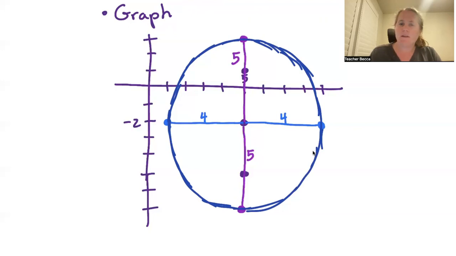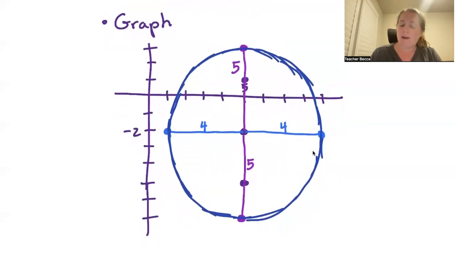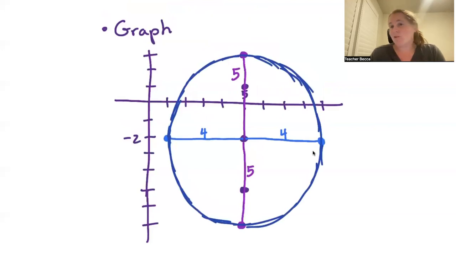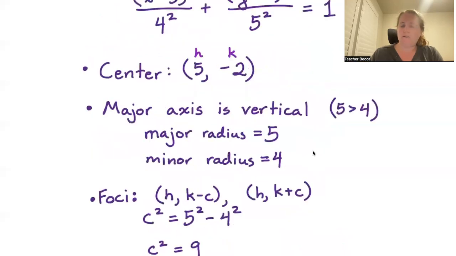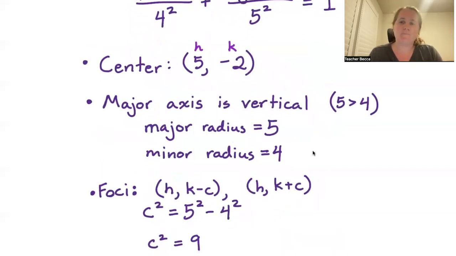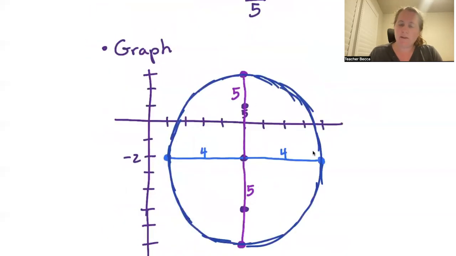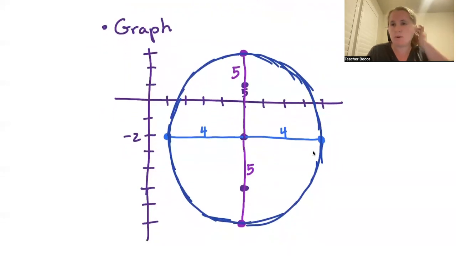So again, it's not too bad actually graphing. You don't need to know where the foci are in order to graph. You can get a pretty good sketch just from knowing the center and the major and minor radius and which direction the major axis is in. So that is ellipses. And in the next video, we will look at our last particular conic section, hyperbolas.